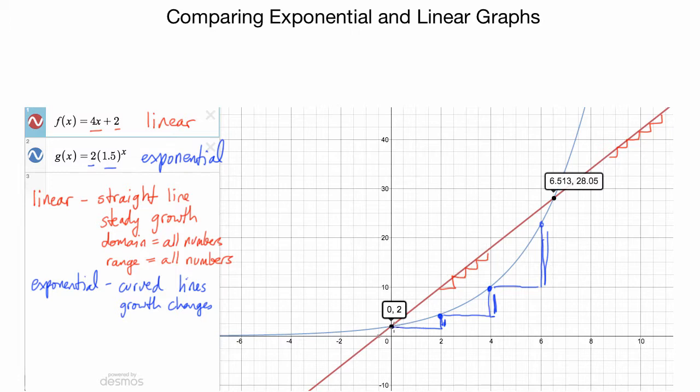Although the linear graph seems to be growing faster, it's higher, it has bigger y values at the beginning, we can see that the exponential function really quickly begins to catch up, is equal to the line right there, but then it's like taking off. It's like increasingly fast growth.